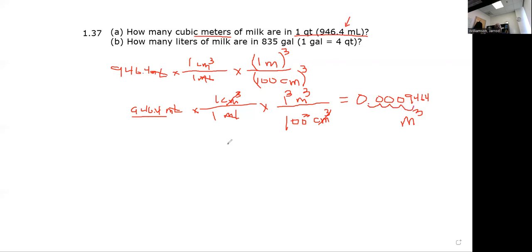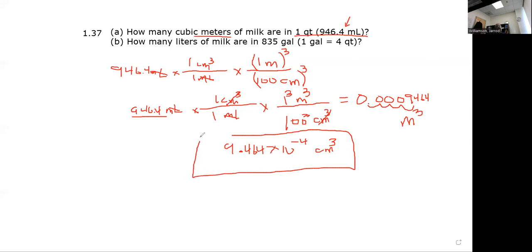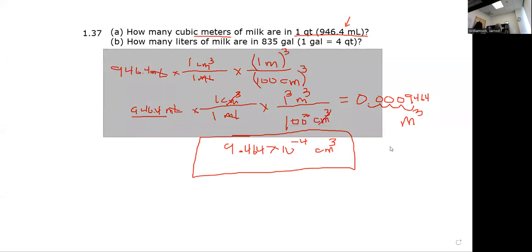So that's going to be 9.464 times 10, and I moved the decimal point 4 places, times 10 to the minus 4 cubic meters. And that would be my answer for letter A.